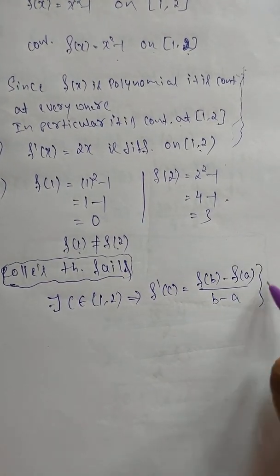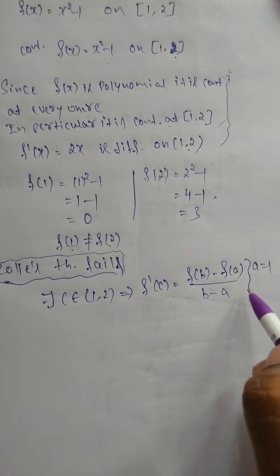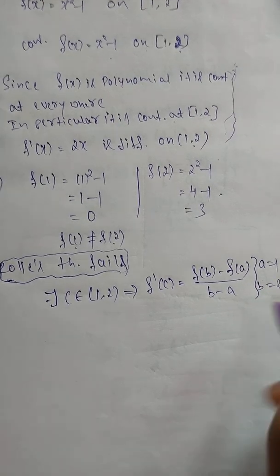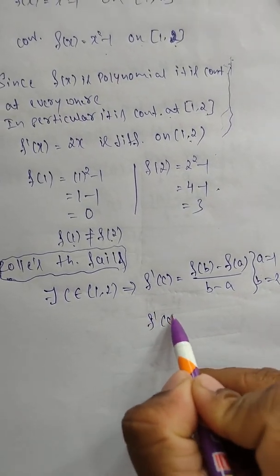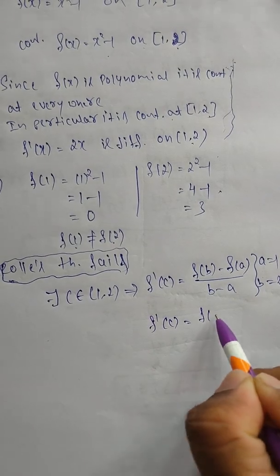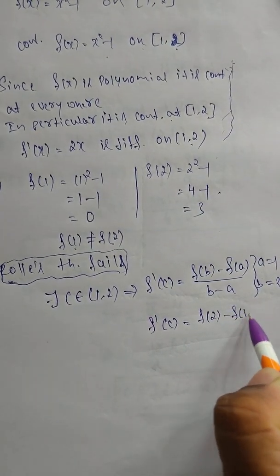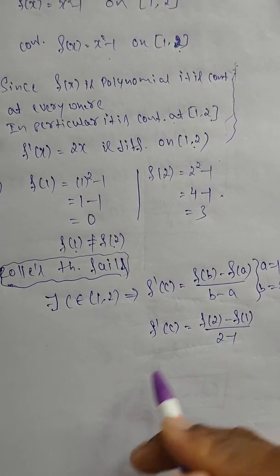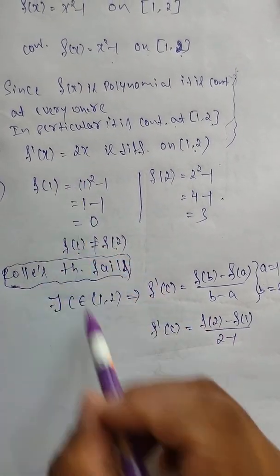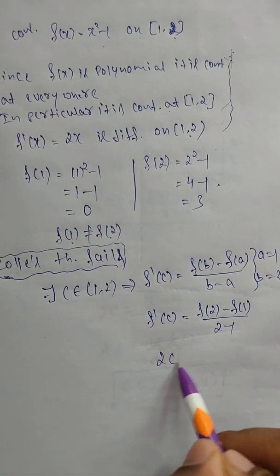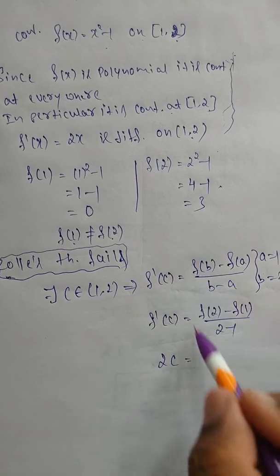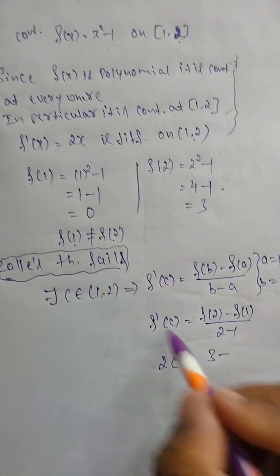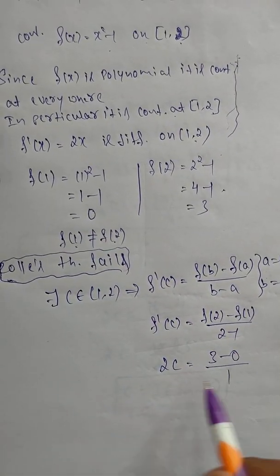What are a and b here? a is 1, b is 2. So f'(c) is equal to (f(2) minus f(1)) by (2 minus 1). We know that f'(x) is 2x, so f'(c) is 2c. f(2) is 3, f(1) is 0, and 2 minus 1 is 1.